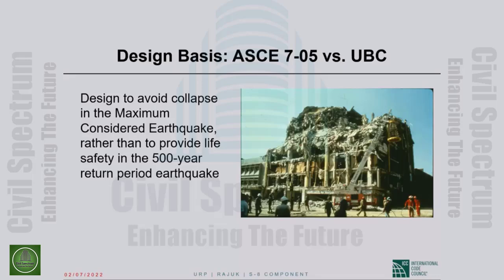Okay. We used to design to provide life safety in the 500-year return period earthquake. We now are designing to prevent collapse in the maximum considered earthquake, which I haven't defined for you yet. Okay.